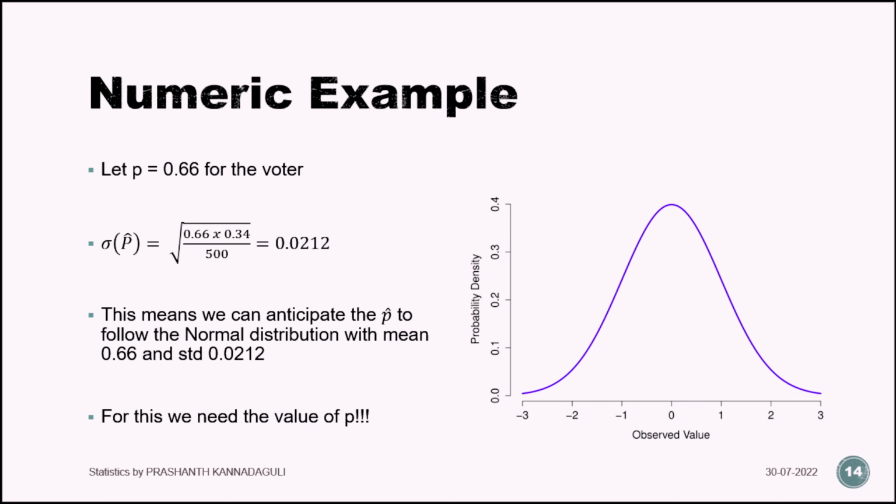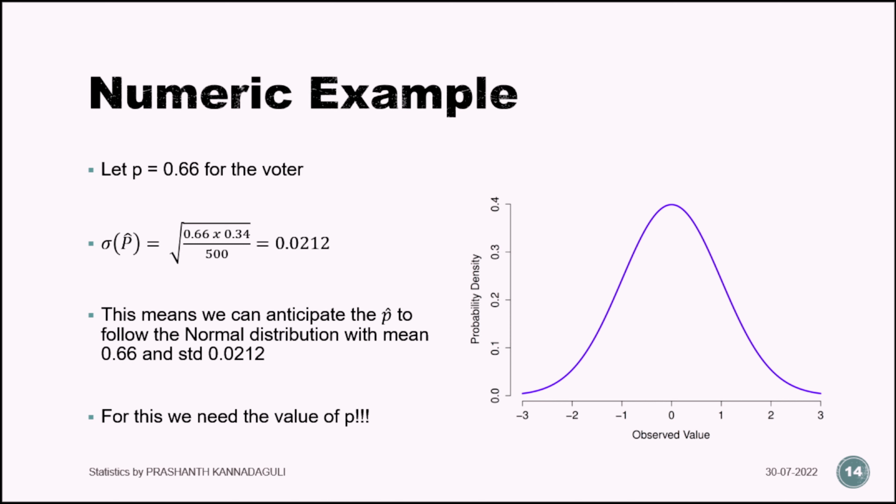The sample size is 500. So that means this is 0.0212. So the idea is that you can expect the p cap to follow the normal distribution with the mean value 0.66 and the standard deviation being 0.0212.